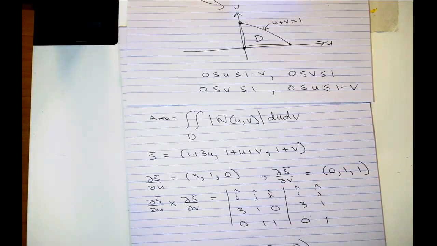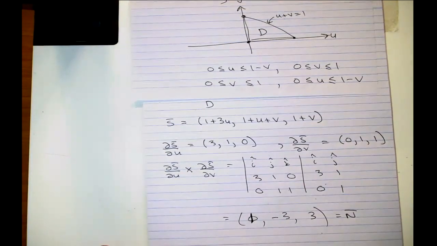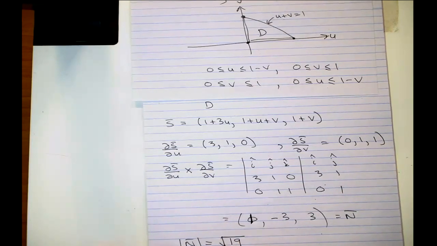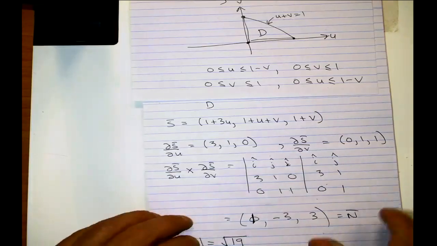I need its length. So this is the normal vector. I need its length. That's easy to integrate. All right? So now I can find the area.